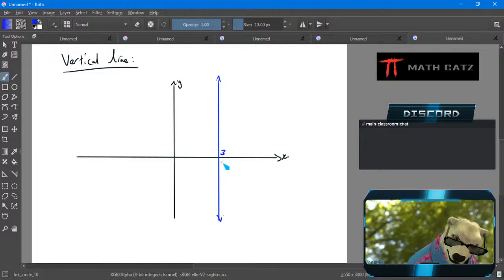Let's say here sets at x equal to 3. That's just an example. It could be many, many different lines. Here, this one's different. This one has the same argument in that regardless of the y value, the x value is always 3. So my equation has to be x equal to 3.